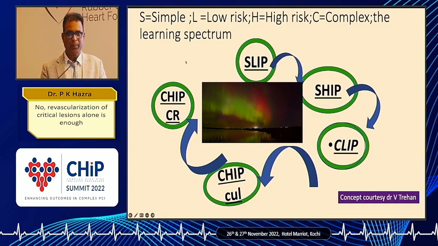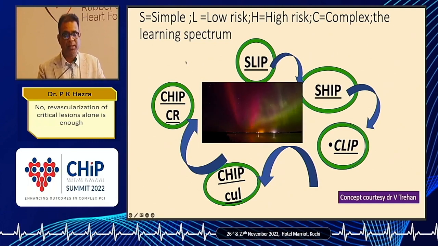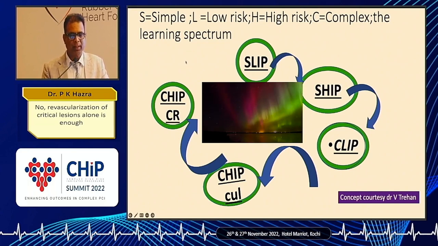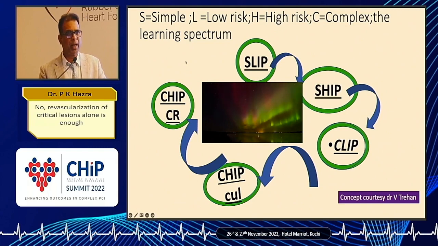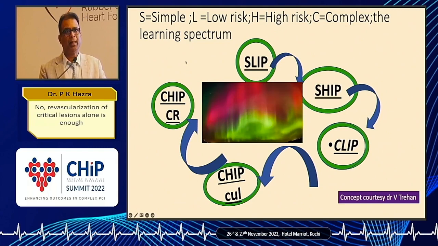This slide was prepared only yesterday, and the concept is courtesy of Dr. Vijay Trian sitting here. S for simple, L for low risk, H for high risk, C for complex. The learning spectrum is not black and white, like simple and complex. It's like the northern lights.